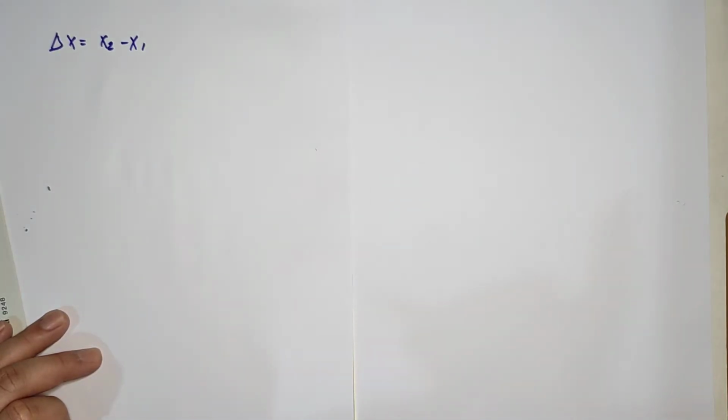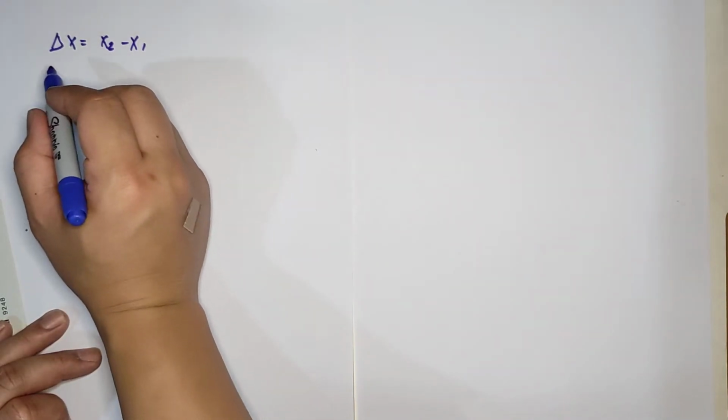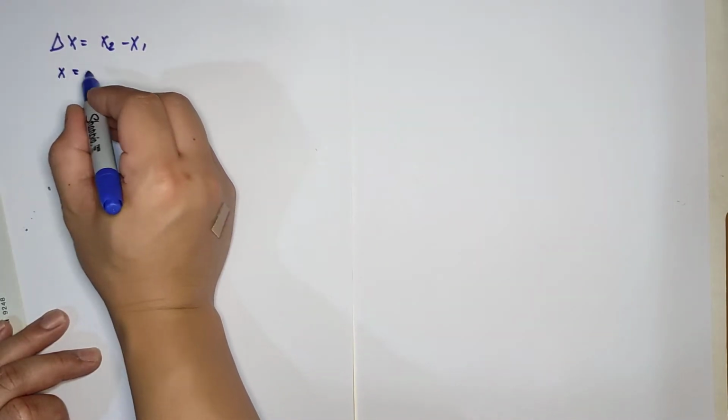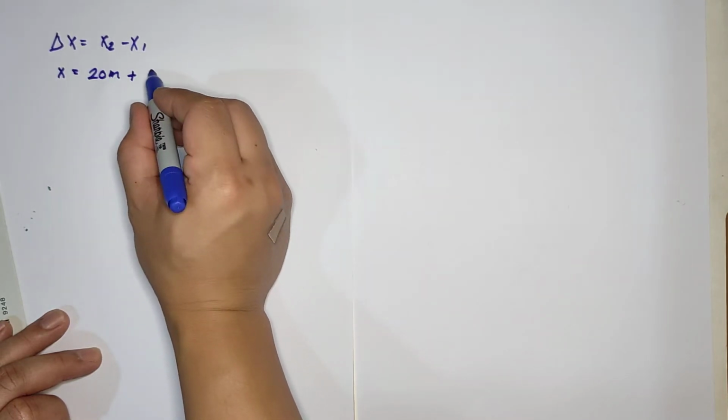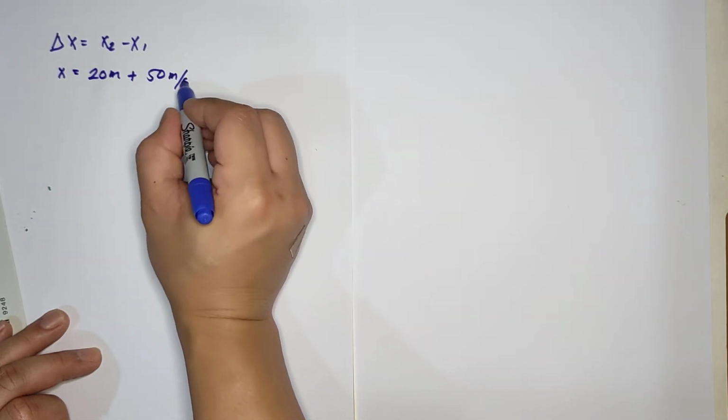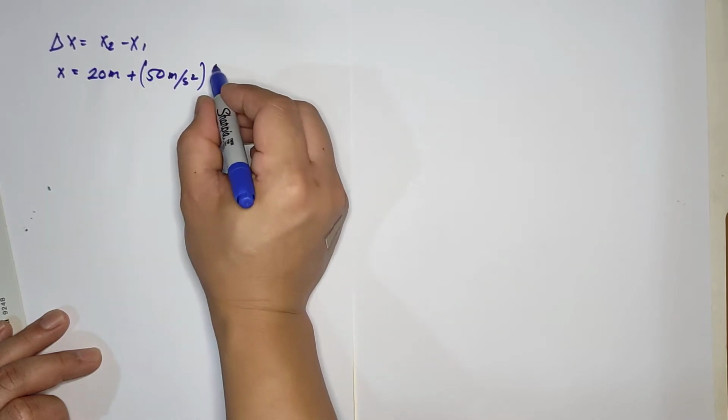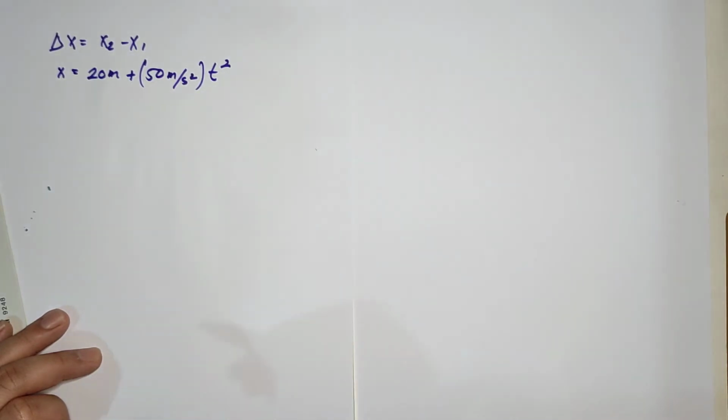We don't know x1 and x2, but we have the equation x equals 20 meters plus 5.0 meters per second squared multiplied by time squared.